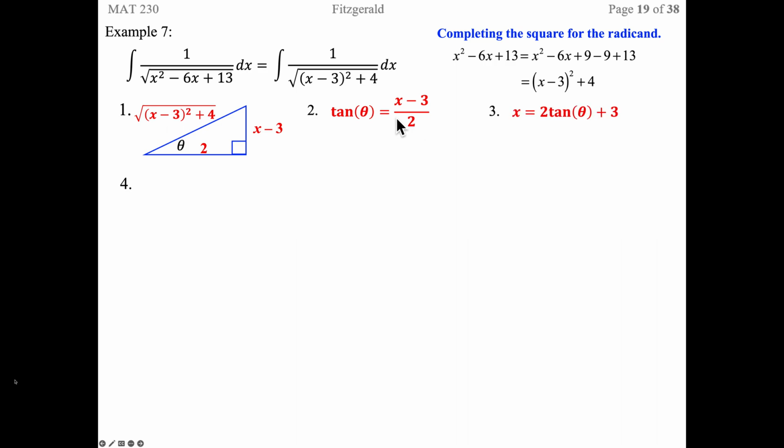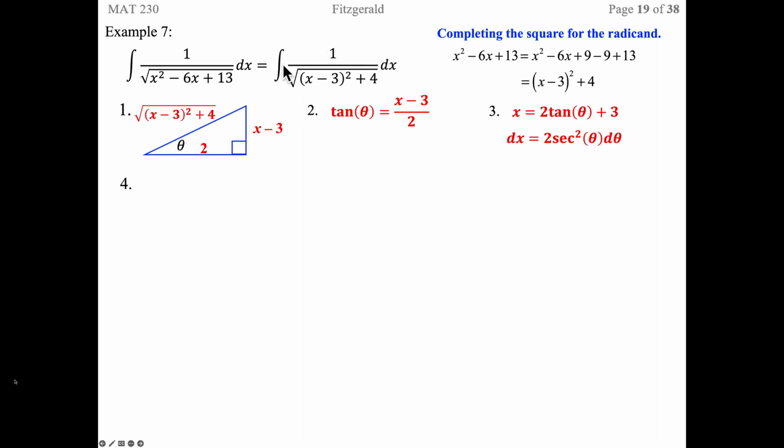We want to solve for x, so multiply the 2 to the tangent, then add over the 3. So x equals 2 tangent theta plus 3. Take the derivative of both sides, so dx equals 2 secant squared theta d theta. The derivative of 3 is just 0, so that cancels away.